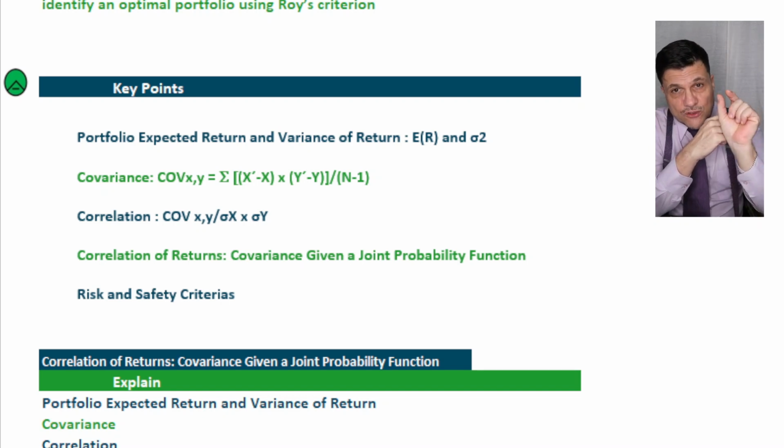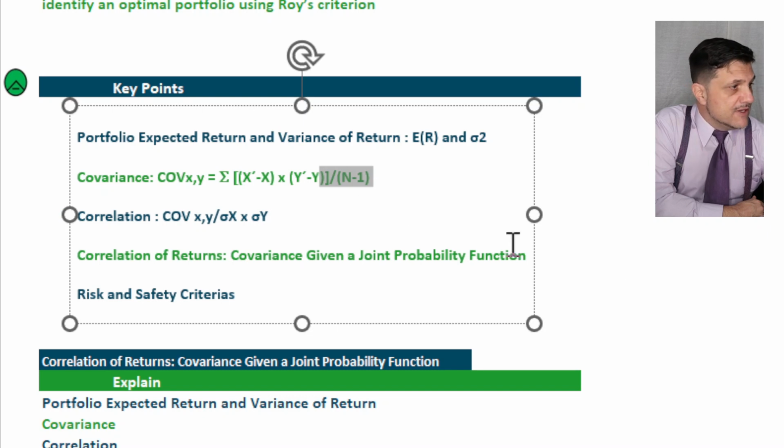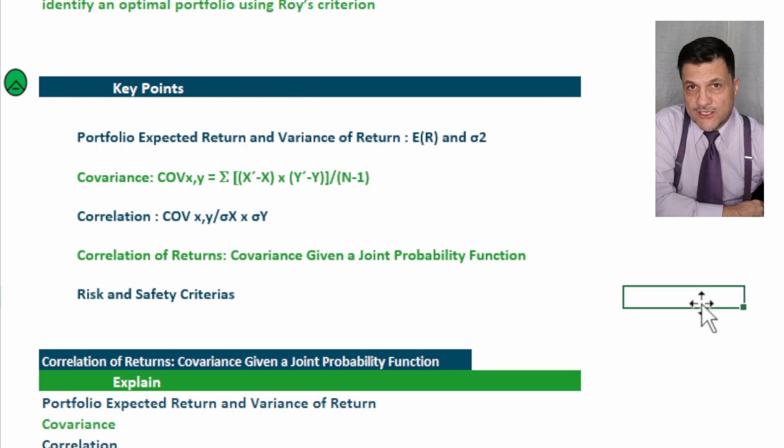Then you take all those deviations of X and deviations of Y, multiply each pair of deviations, add them, and then divide by n minus 1 if it's a sample, as you're seeing here. If it's a population, you divide by n.